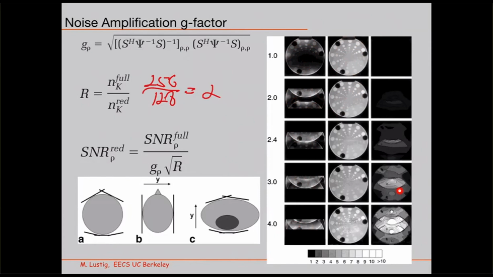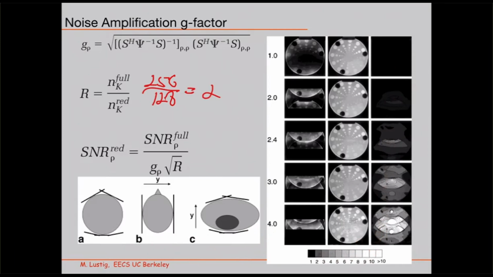On the right-hand side, you see what's called a G factor map, this G that depends on position. You see that G starts increasing as you speed up more, and the ill-conditioning starts to appear. At 4 times acceleration, with I think 4 coils, you'll get G to be more than a factor of 10.